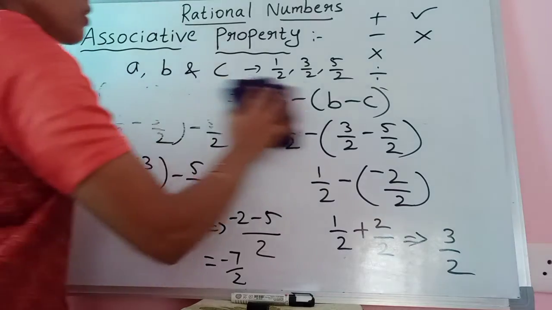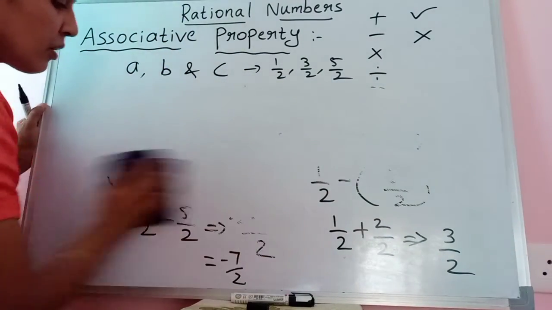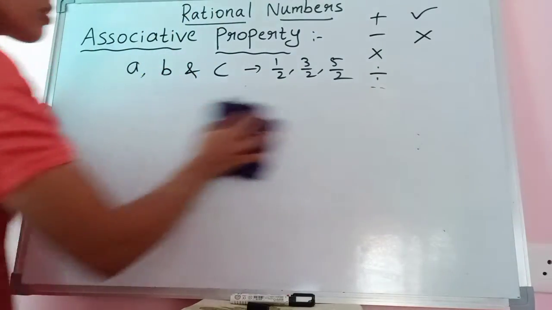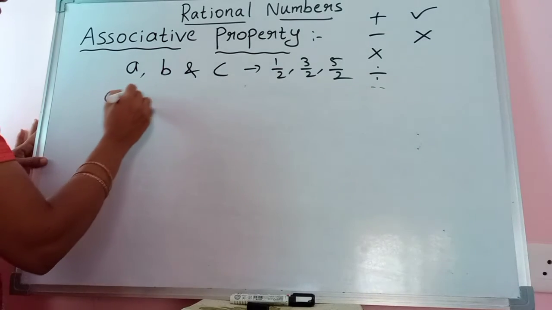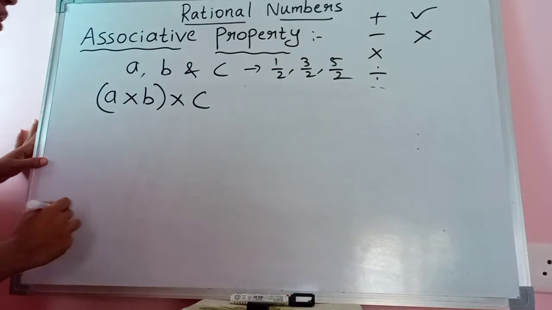multiplication, whether the property is there or not under multiplication. Here also I am considering the same three values a, b, c. First the left hand side, that is (a x b) x c, I am finding the value.